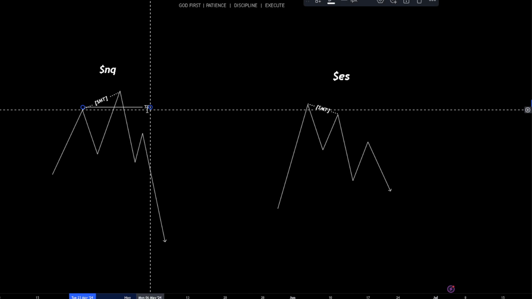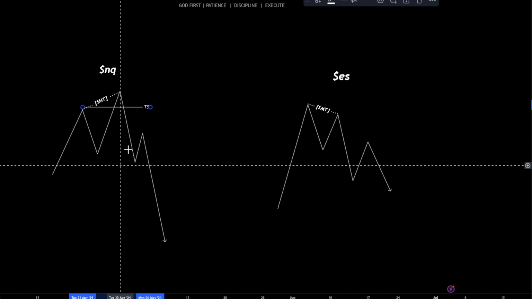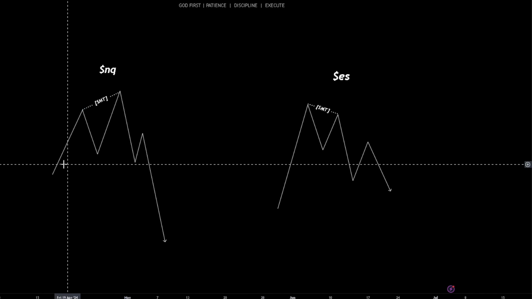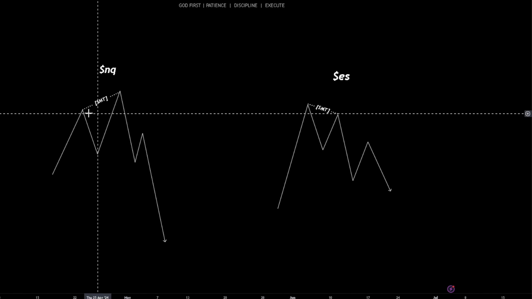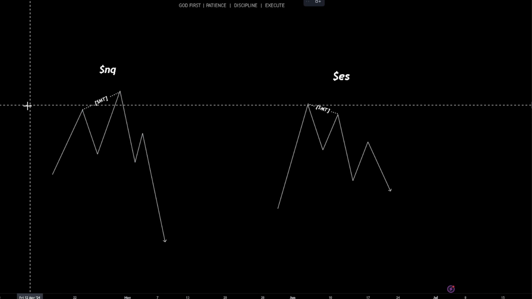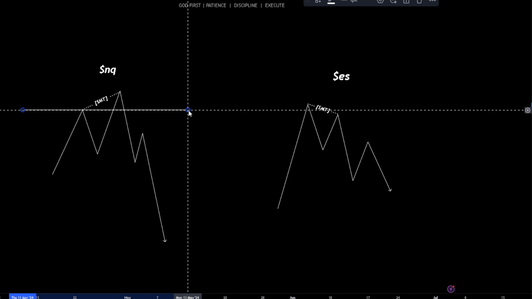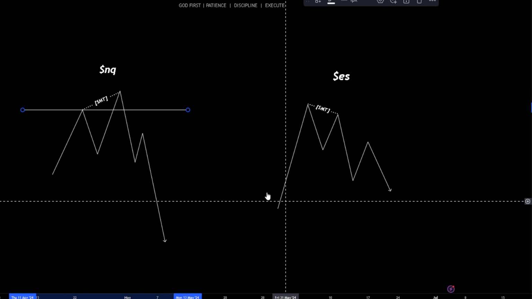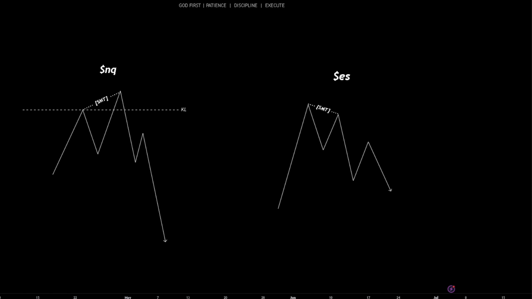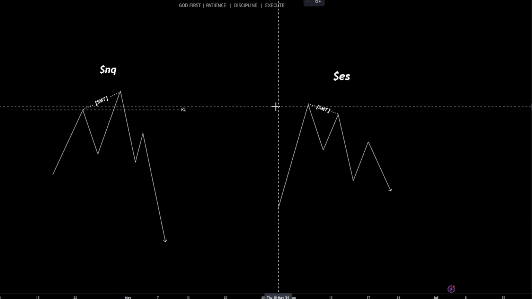And then you always want to pair SMTs with a higher time frame PD array. So it would look like this. You have your SMT tapping inside of a higher time frame PD array. So our key level will be the same here on ES.